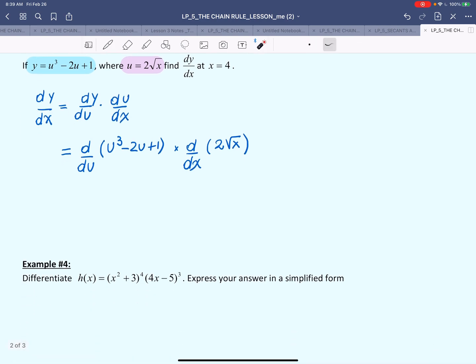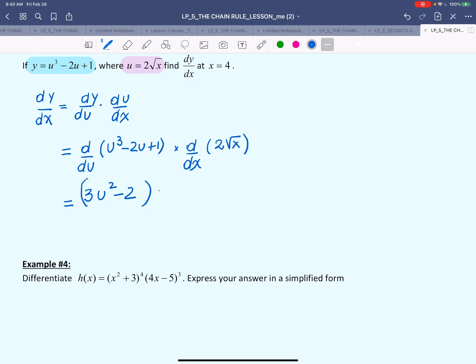Notice how the variable in the function matches the independent variable in the derivative of that particular function. So here you have u, u, x, x. When this happens, you do a straight differentiation, and what I mean by that is you simply apply the power rule to differentiate the function. You don't have to worry about the chain or the inside function. Next step, 3u squared minus 2. That's the derivative that we get from the first factor.